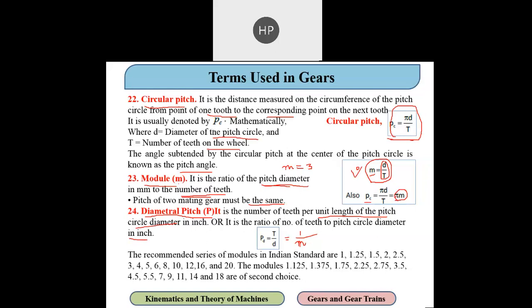So you should be clear in your mind that PC is equal to pi D by T, module is equal to D by T, and diametral pitch is equal to T by D. Diametral pitch is denoted by PD, and circular pitch is denoted by PC. So PC and PD are also important that you have to consider when you solve the problem.